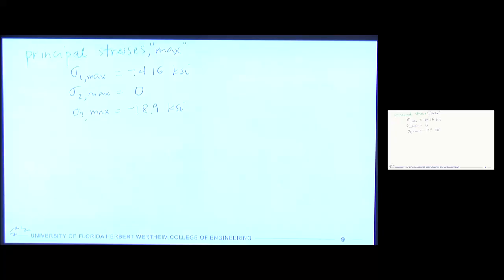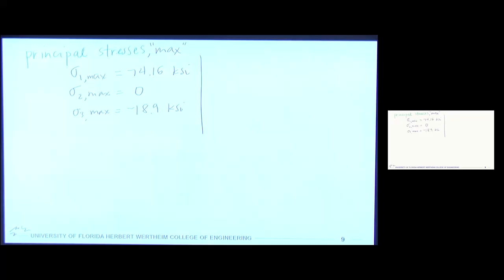So this is like the whole thing with solving the roots or using the Mohr circle. And these are our principal stresses, all at the maximum of their magnitudes. Okay, so we're still in time, but this is the time point where these are at their maximum. We can also look at them at their minimum.